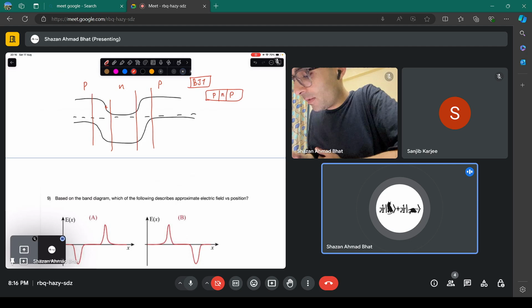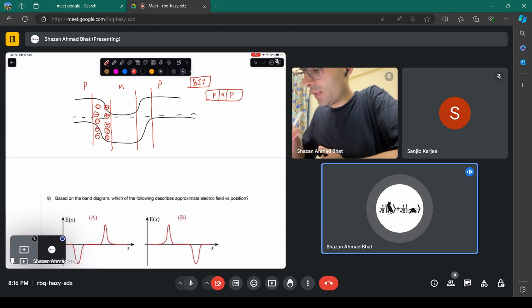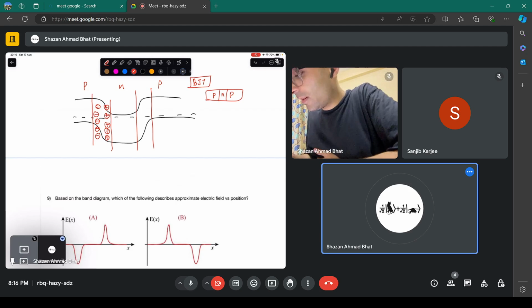One is this depletion region, where there are positive charges, immobile ions, and that's why there is band bending in these regions. There is another depletion region here. So here you have the electric field in this direction, and here in this direction, positive to negative.